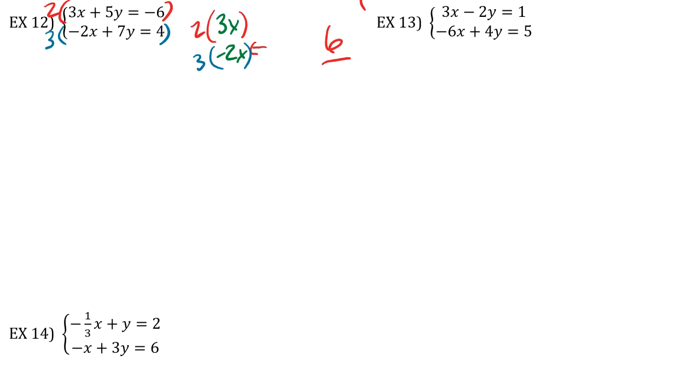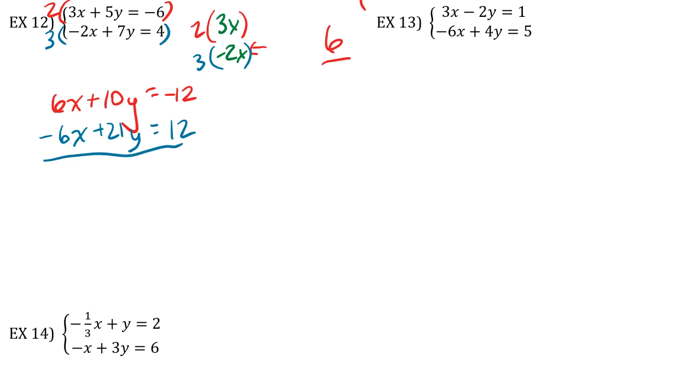All right, so let's go ahead and multiply that top equation by 2. So 2 times 3x is 6x. 2 times 5y is 10y, equals 2 times negative 6 is negative 12. Same thing for the bottom equation, multiply it by 3. So 3 times negative 2x will be negative 6x. 3 times 7y will be plus 21y. And 3 times 4 is going to get us 12.